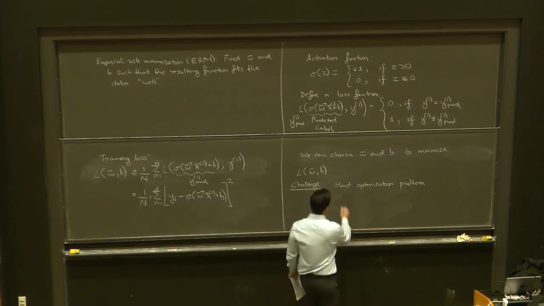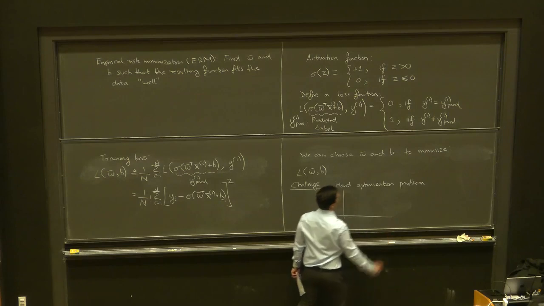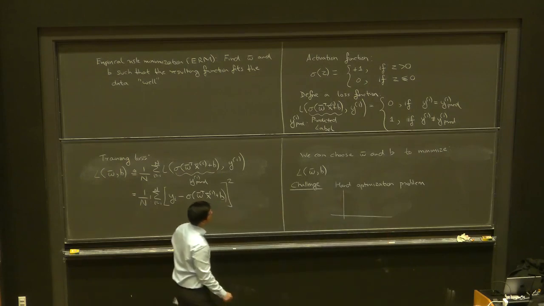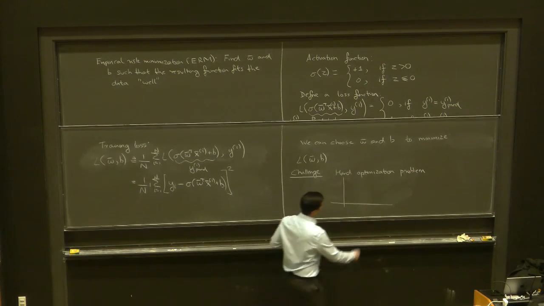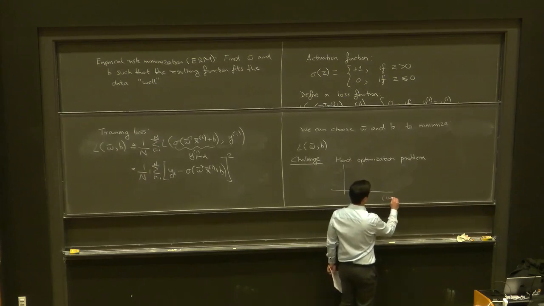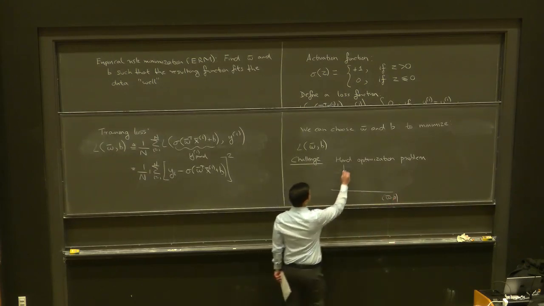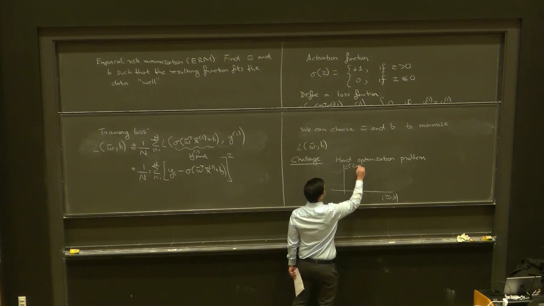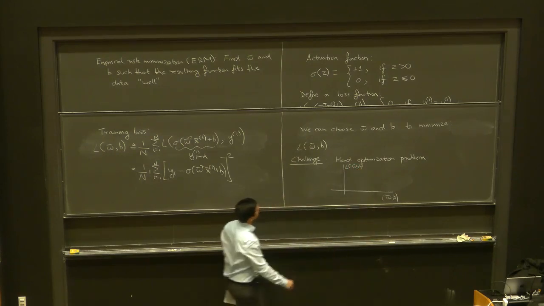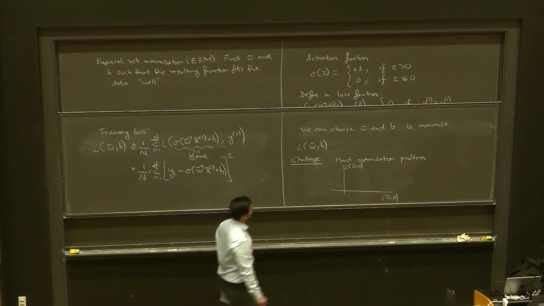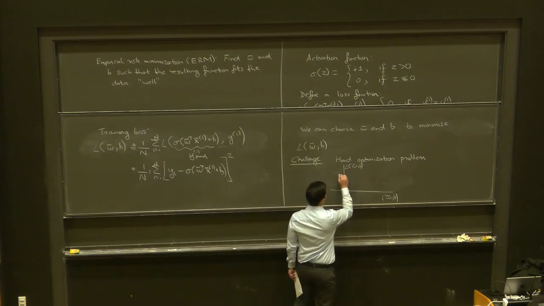So if you try to visualize this, of course, this is all in a high dimensional space, but if you think about, let's say, W and B on the x-axis and the training loss on the y-axis, then it kind of looks like this.